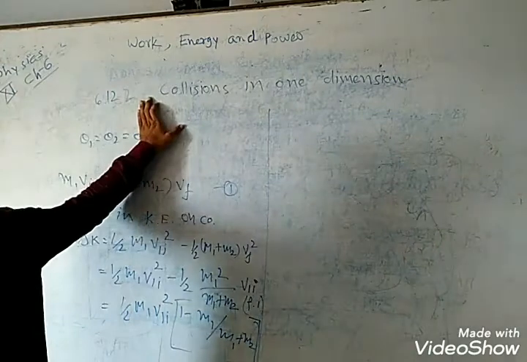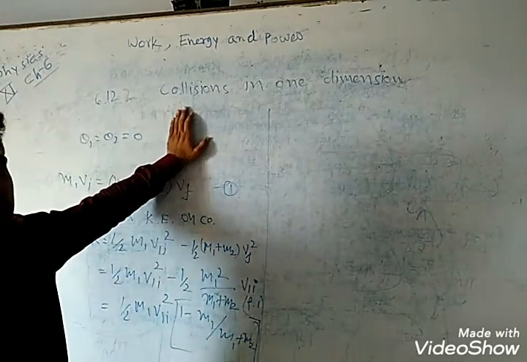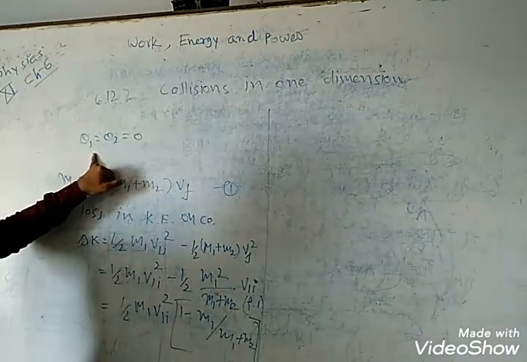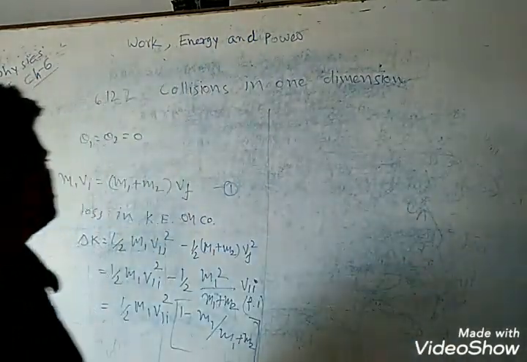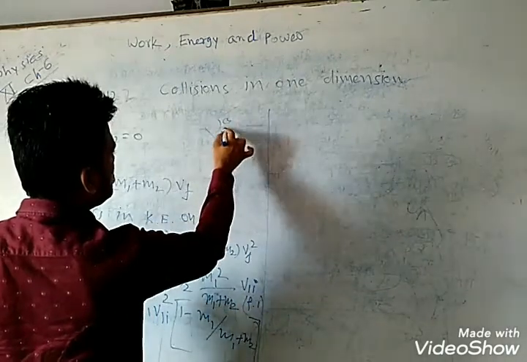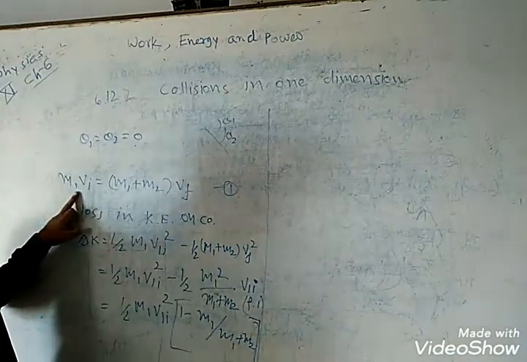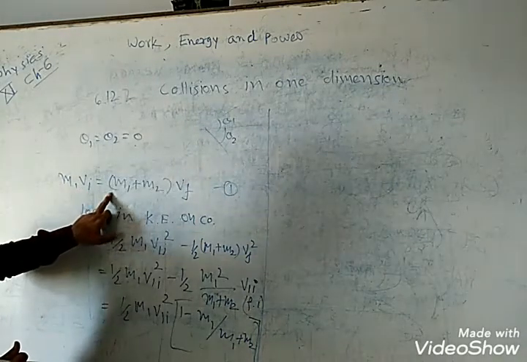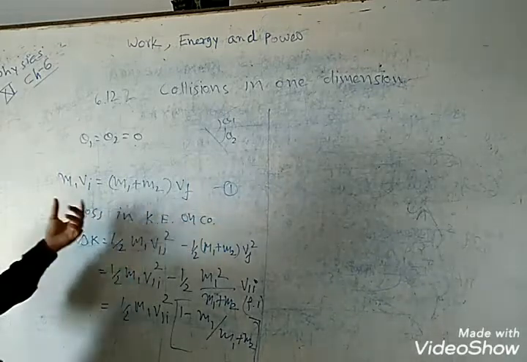Now 6.12.2, collision in one dimension. In the first case, a complete inelastic collision where theta 1 is equal to theta 2 is equal to 0, both moving in the same direction, so the angle between theta 1 and theta 2 is 0.